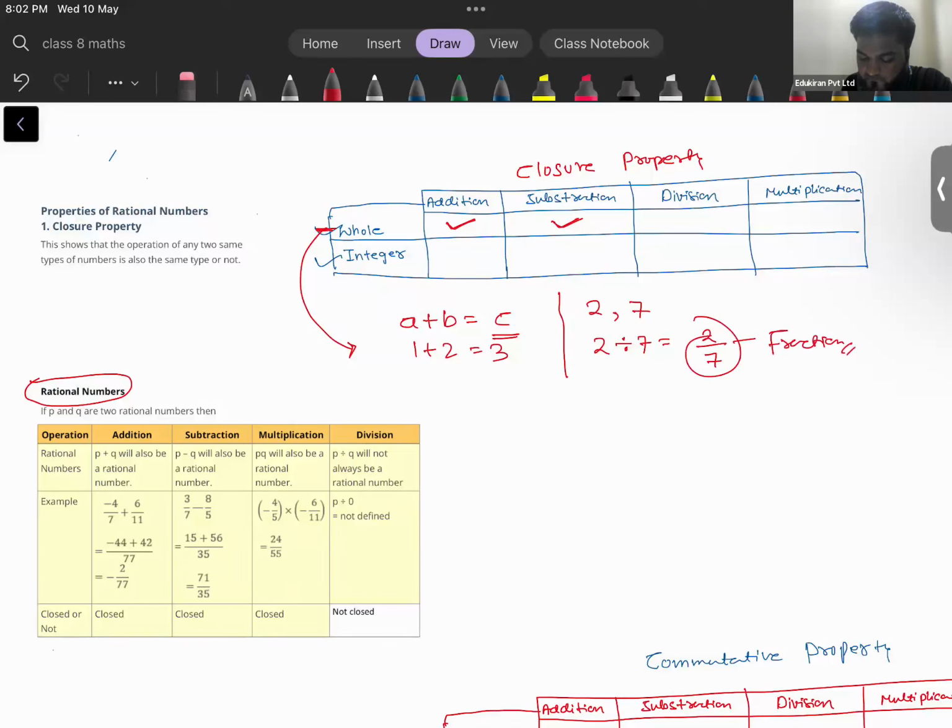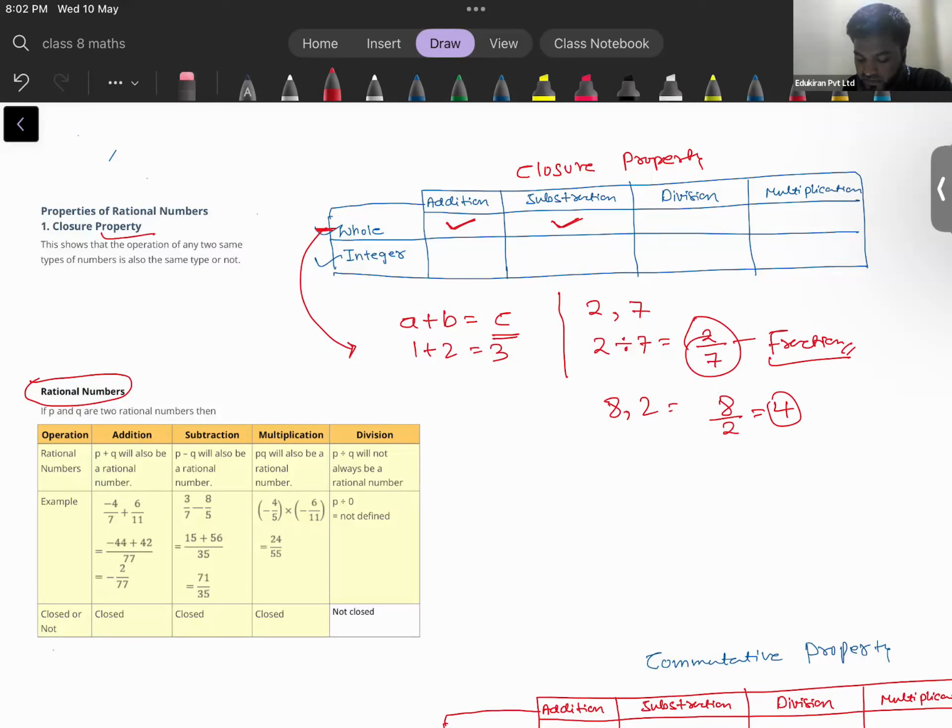For some cases it can be and for some cases it cannot. That is very correct. In some cases it can be, like if I take 8 and 2, so 8 upon 2 becomes 4. Here it is applicable. But if you take two numbers which are not divisible by each other, then you get a fraction. Then in that case, the closure property is not applicable over division.